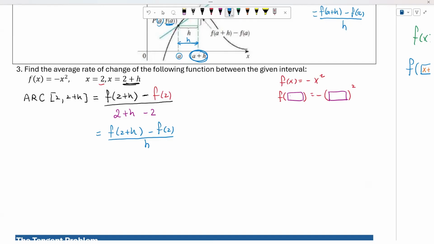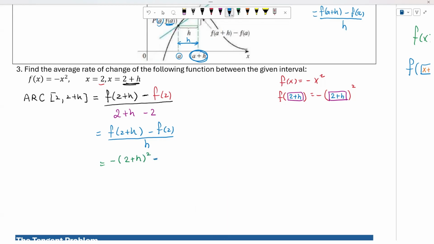Now if you want to put 2 plus h here, then it will be negative, 2 plus h, squared.